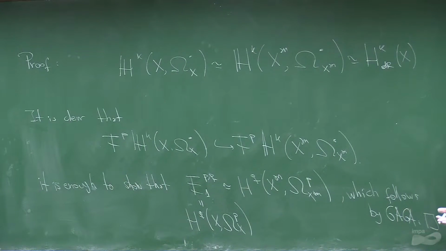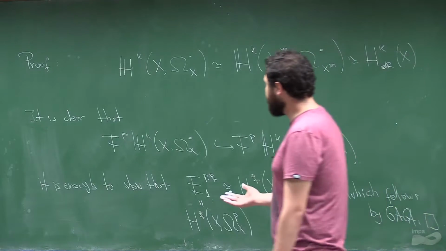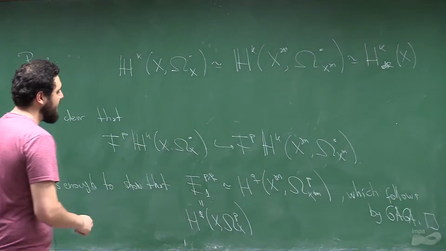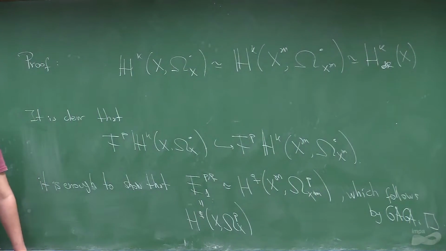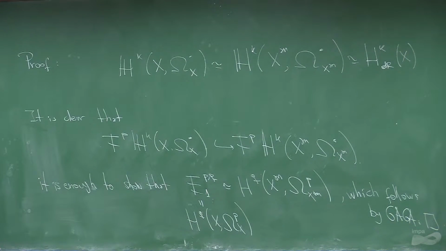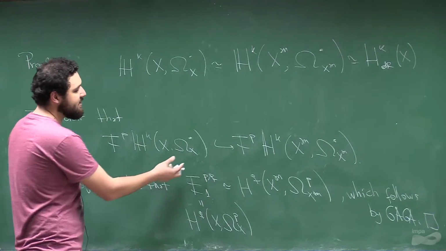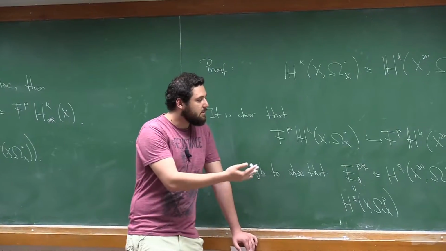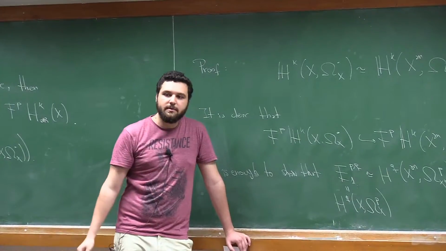Here we are not using that this variety is defined over C. We could do the same thing for any variety defined over any field, or in fact for any morphism of schemes. You can define the algebraic differential forms for any morphism of schemes, and do exactly the same thing.